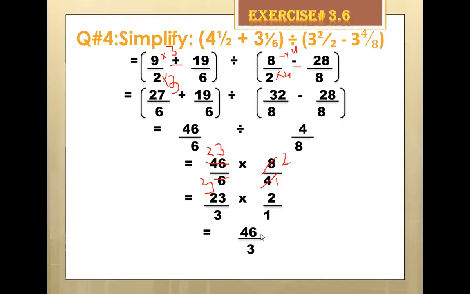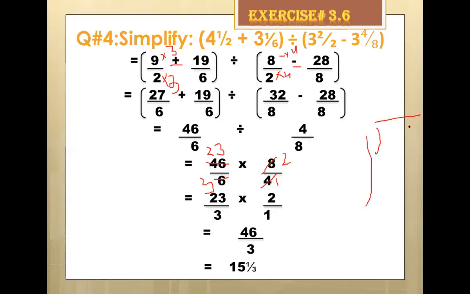Now here what you have is 46 upon 3. You will convert this 46 upon 3 into a mixed fraction. This is a must. So convert it into a mixed fraction; it will become 15 whole 1 upon 3. You will do this in the working column.